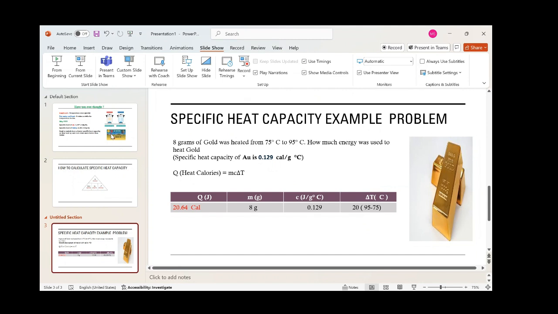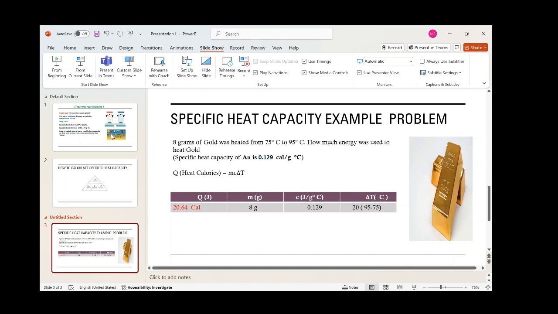An example problem. You are given 8 grams of gold, which is heated from 75 degrees Celsius to 95 degrees Celsius. They ask how much energy was used to heat the gold. The specific heat capacity of gold is 0.109 calories per gram Celsius.